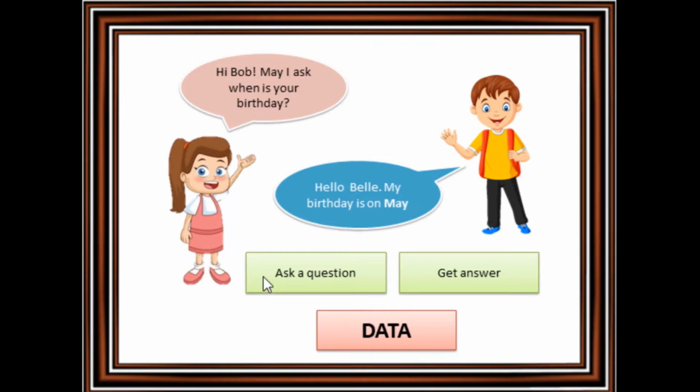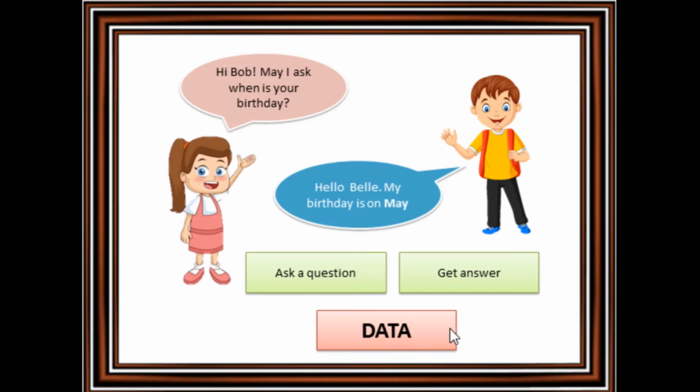When the girl asked a question, she got an answer, and that answer is now one of our data. To get more data, the girl has to ask more people, because the more people she asks, the more data she will be able to collect and present.